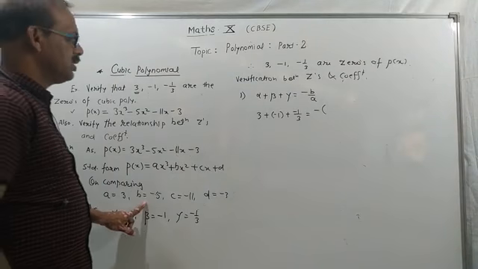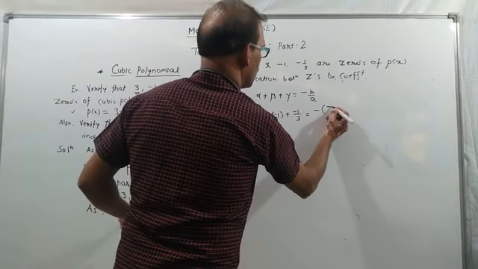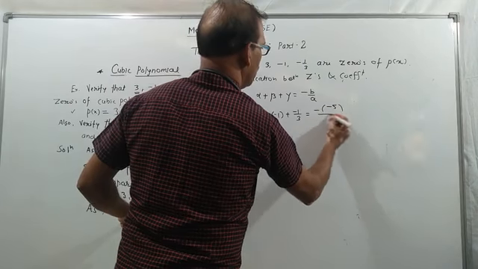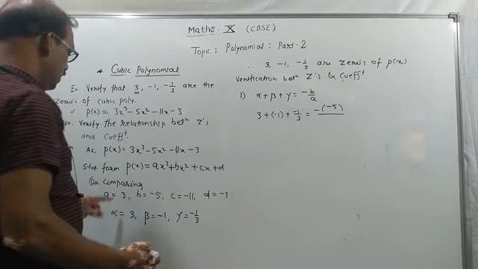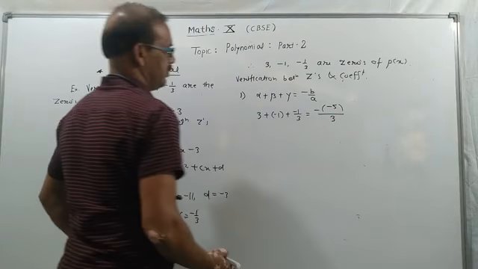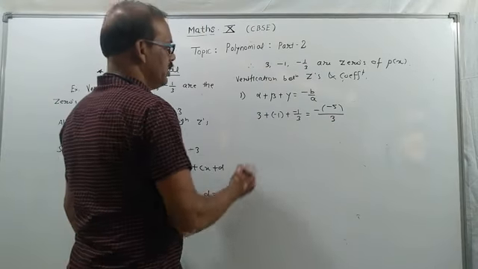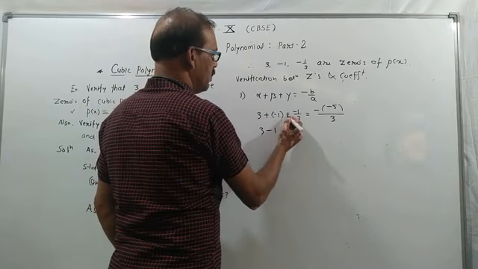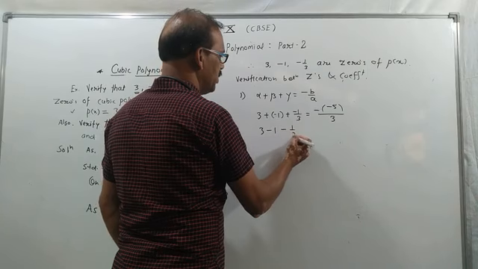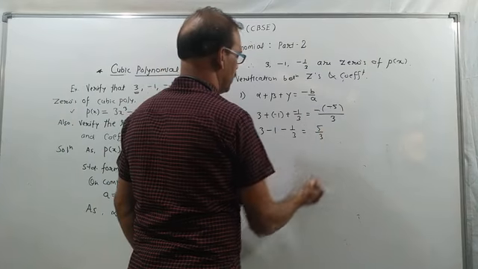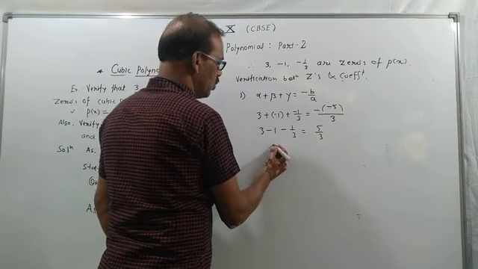Minus 1 by 3 is equal to minus b upon a. The value of b is minus 5 upon a. Now solve this: 3 plus minus 1 plus minus 1 by 3 is equal to, minus into minus is plus, 5 by 3. 3 minus 1 is 2.